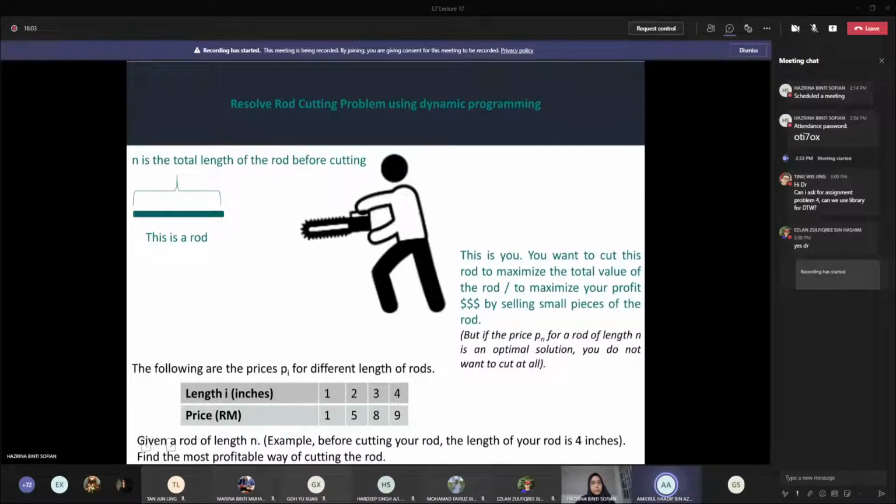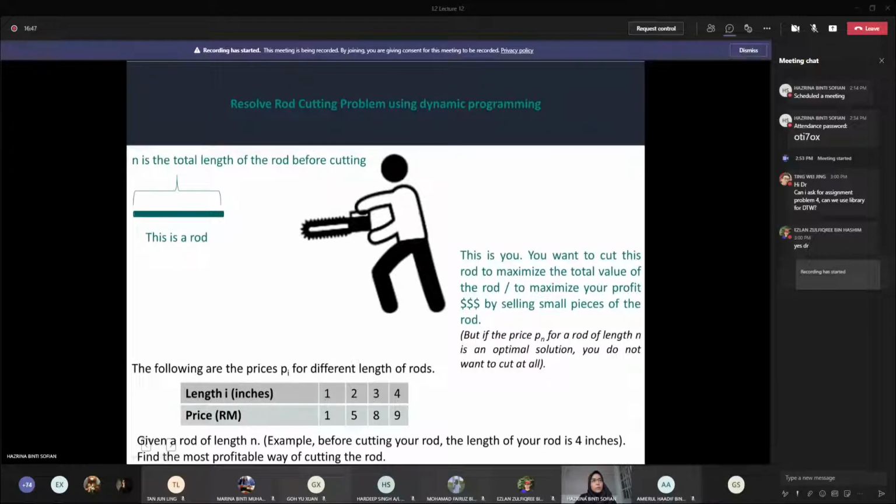Cut it into 2 inches and you will get 10 ringgit. Any other answer? Does everyone agree? Yes. So this is how our brain works, we can see it right away. Cut it into 2 inches and we get 10 ringgit.